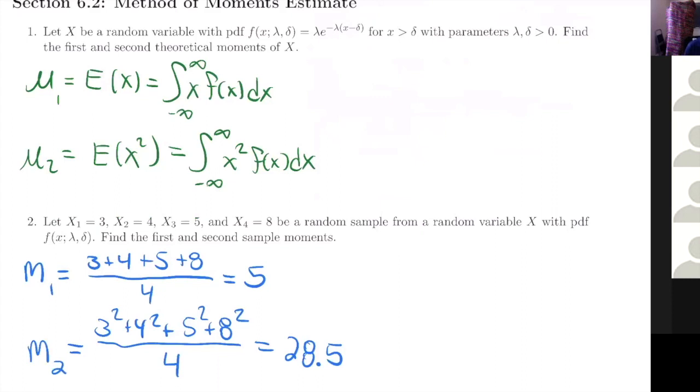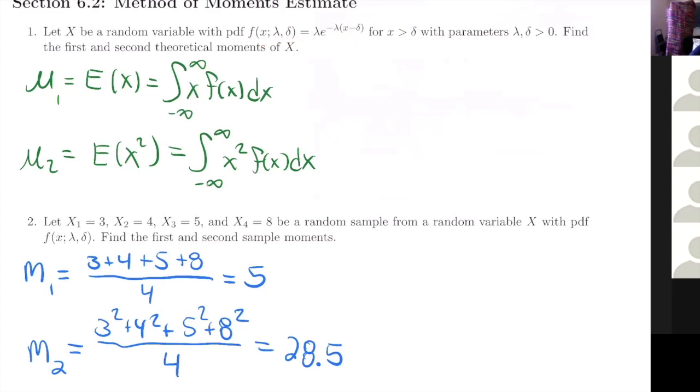So for example, if we take the following distribution, if our PDF had 2 parameters in here, one is lambda and one is delta, then if we wanted to find the first and second theoretical moments, we have these 2 integrals to set up and solve.